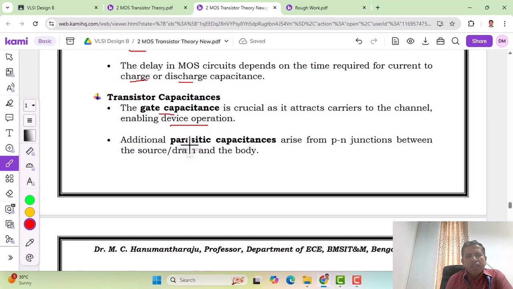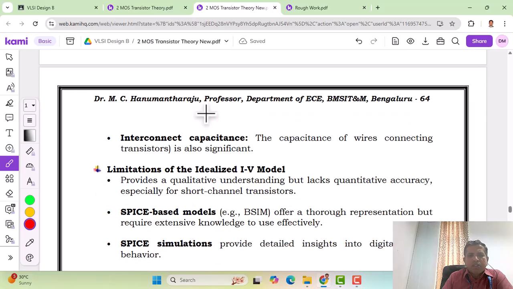Additionally, there are other capacitors, namely the parasitic capacitance that arise in the PN junctions between the source or drain to the body. These capacitors are called parasitic capacitance. Of course, they also influence the total delay in the MOS circuits.